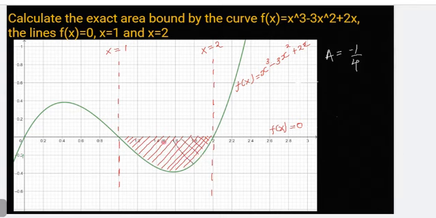So that is what the negative sign signifies. And what then does that mean? That then means that we can disregard the negative sign and say that the exact area of that curve is a quarter square units. So that's the area bound by the curve and the given lines.